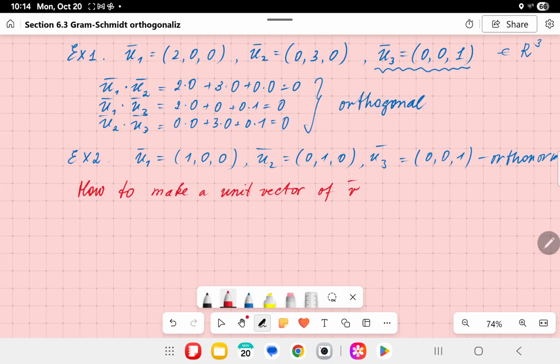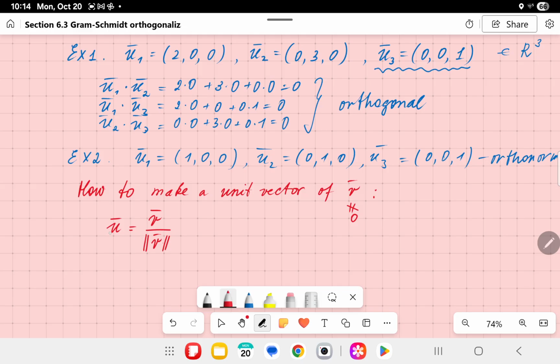We did it already several times, but just in case you forgot it. The unit vector of any vector v: you can take vector v and divide by the norm of vector v. Of course, vector v is supposed to be a non-zero vector. You cannot turn the zero vector into a unit vector.